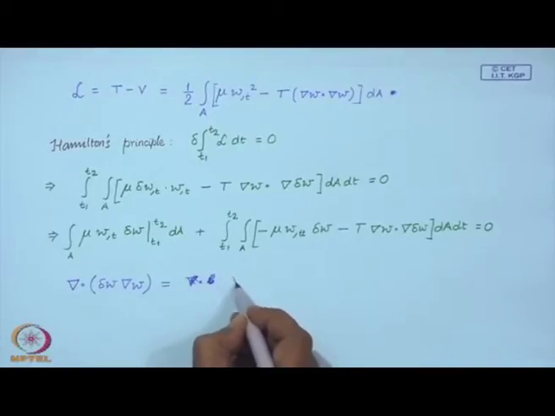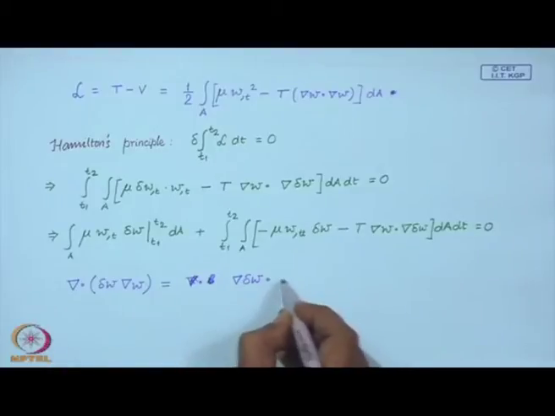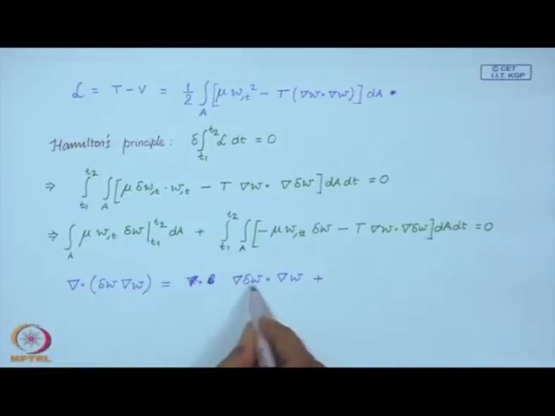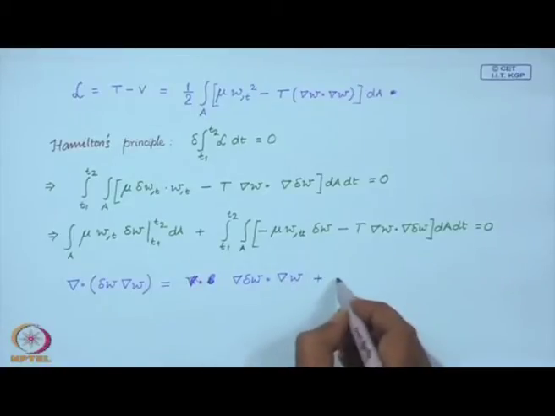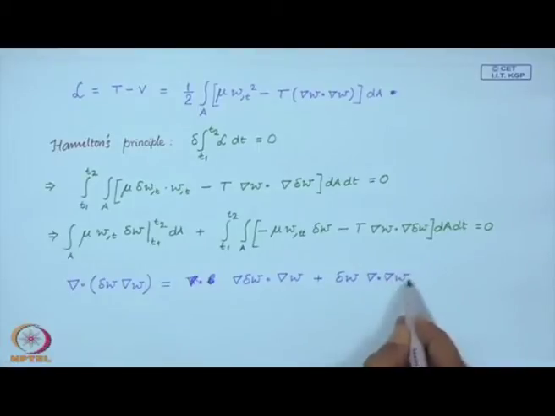So, this is the gradient of the scalar dot the vector, and this is the divergence of this vector.